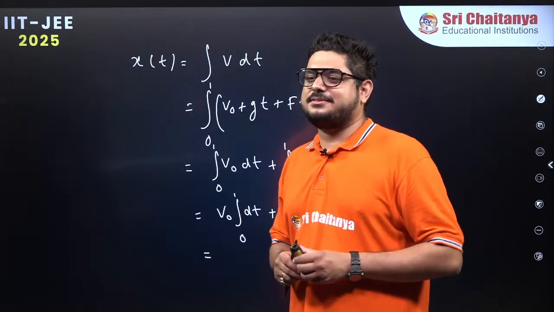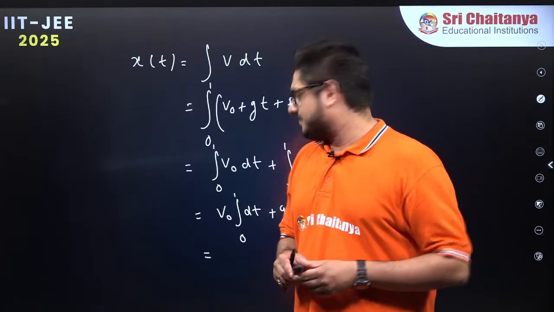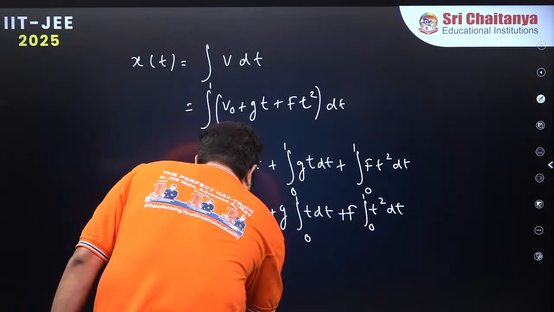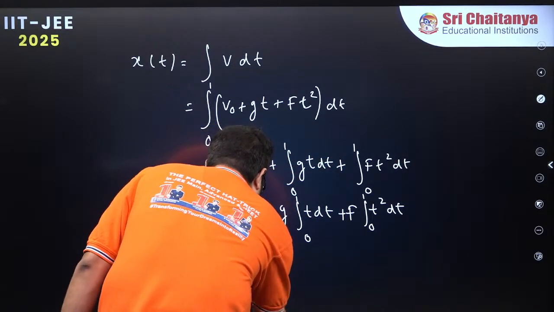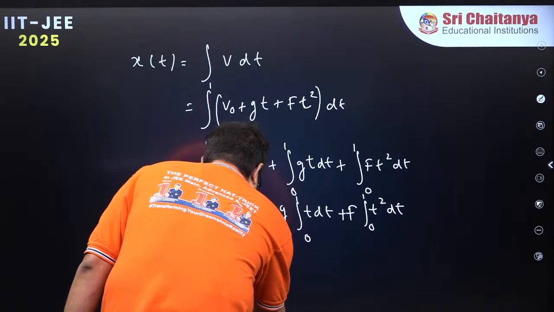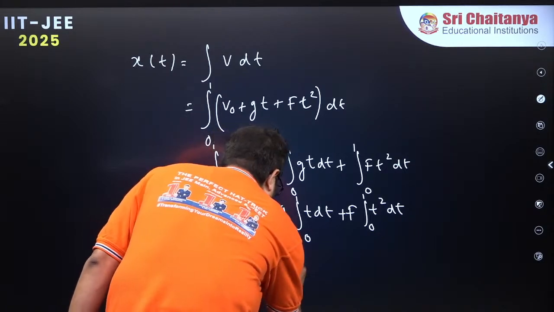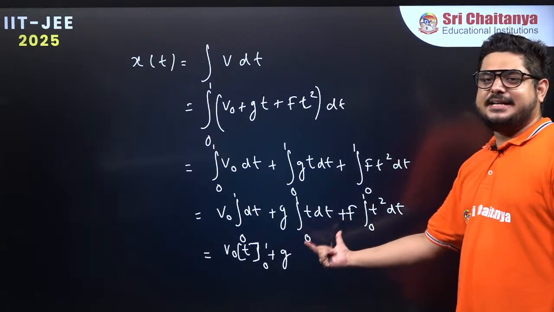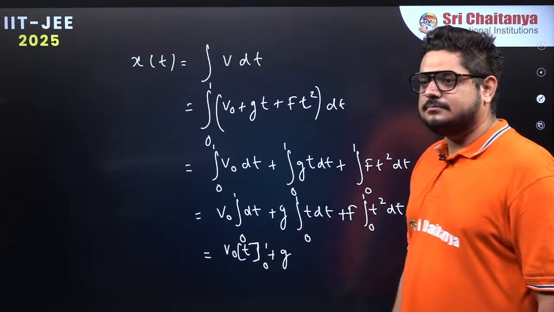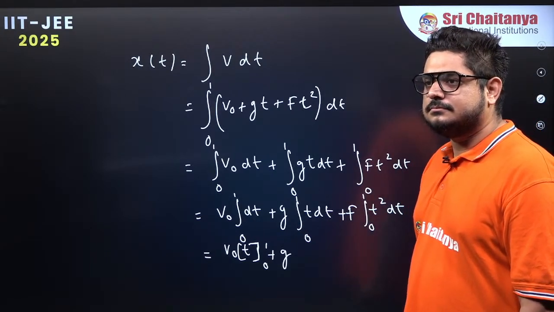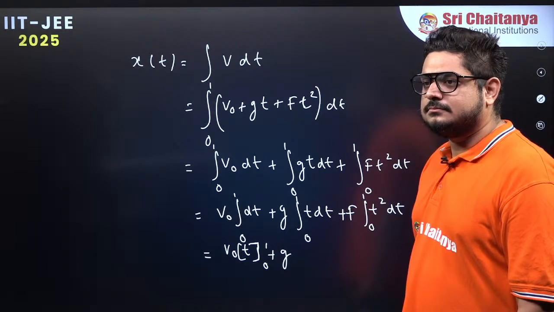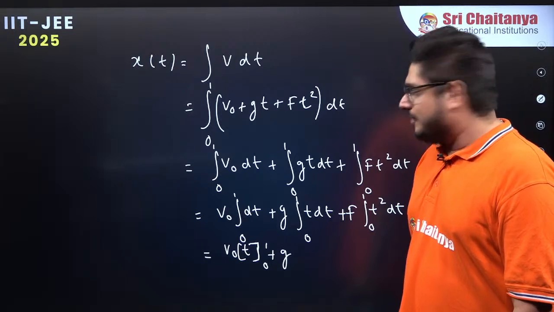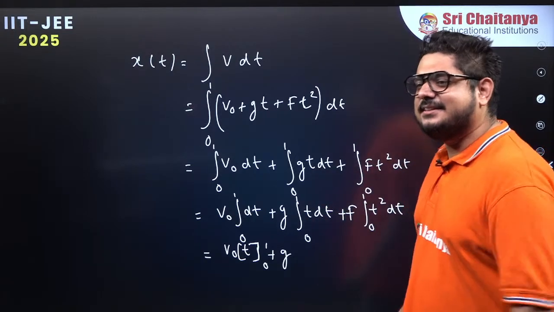Yes, tomorrow is a holiday, Samarth. dt will be t. ऐसा लिखिए with square brackets 0 to 1. Right, square brackets 0 to 1, plus. What do you think will be the integral of t dt?